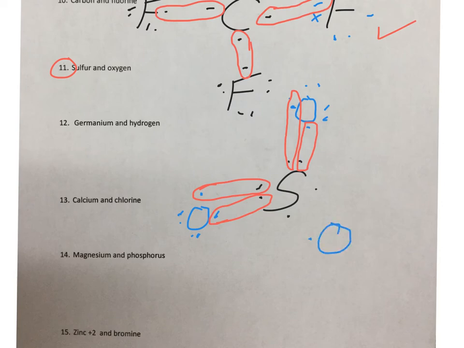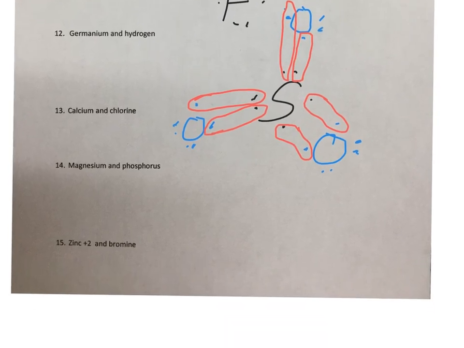And you have 1, 2, 3, 4, 5, 6. So these 2 will share, and these 2 will share. I know this is the one that most people have trouble with, so I hope that helped you out in case we had any questions on that one.